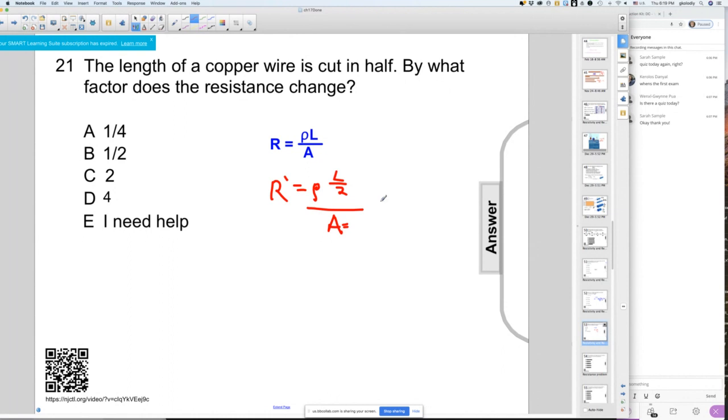So this could be rewritten as 1/2 rho L over A. So the answer to this question is, by what factor does the resistance change? Anybody?